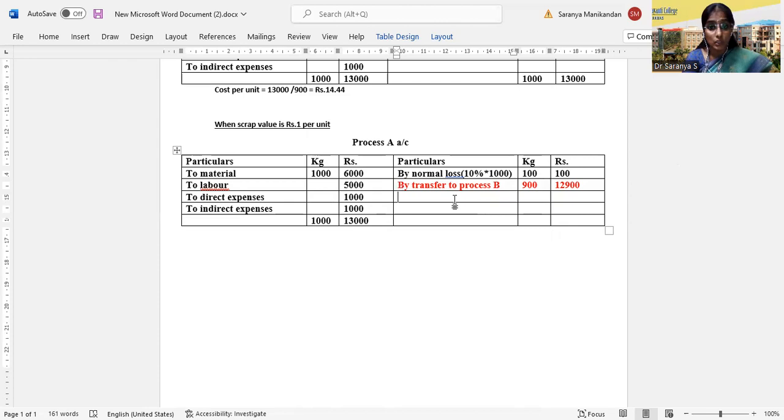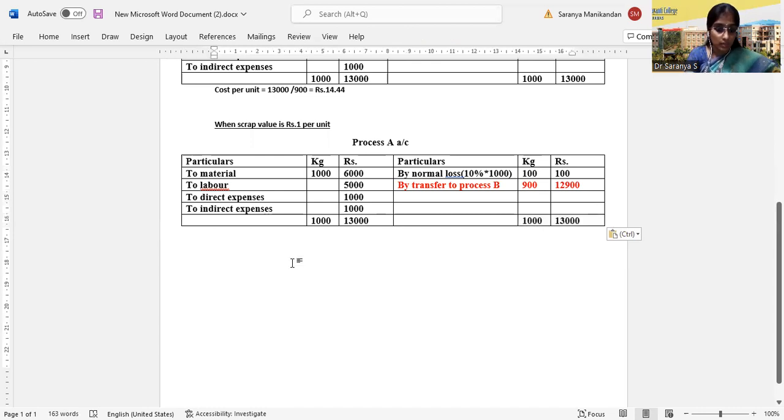When we start the next process account, process B, the starting point will be to transfer from process A, 900 kg, rupees 12,900. Now the cost per unit is 12,900 divided by 900 kg, which gives 14.33.